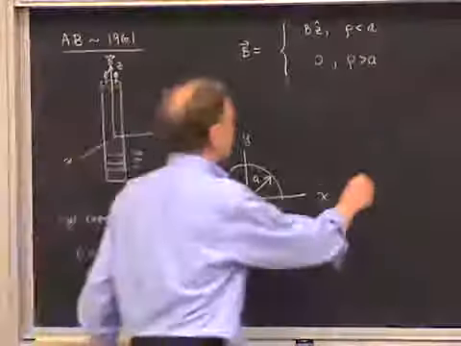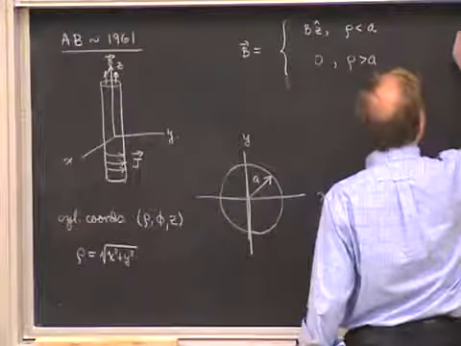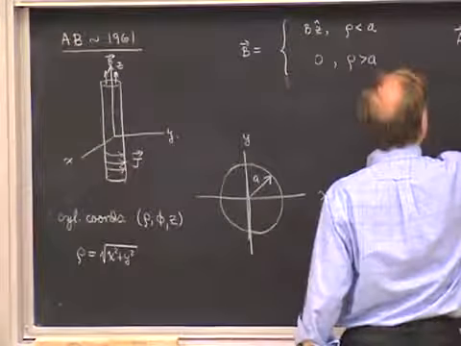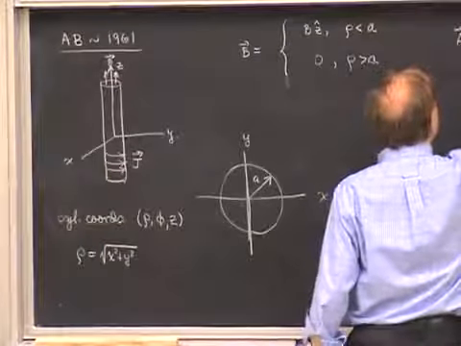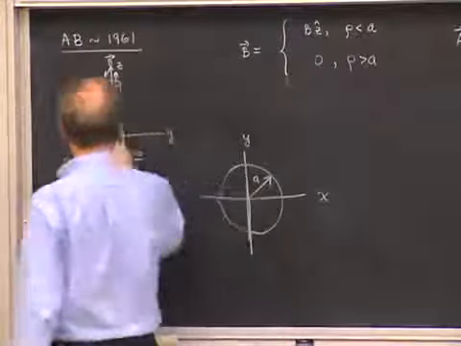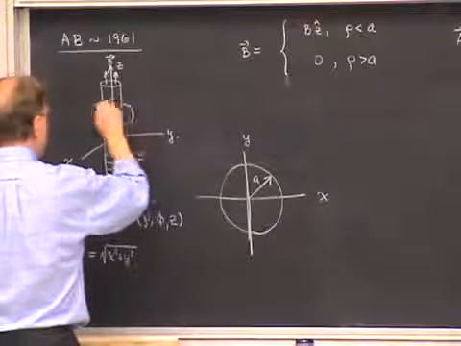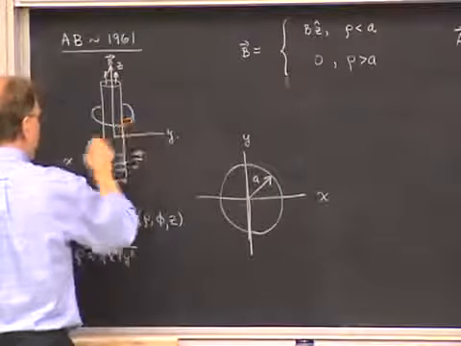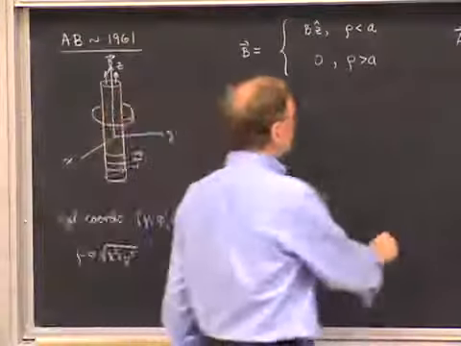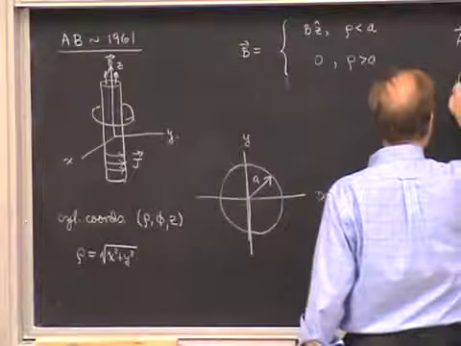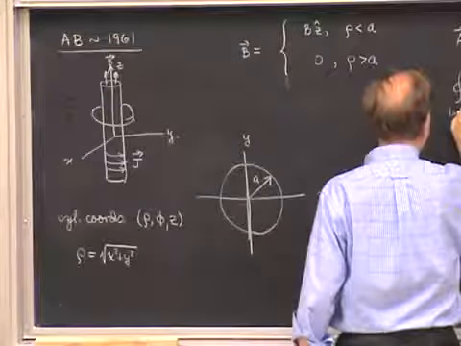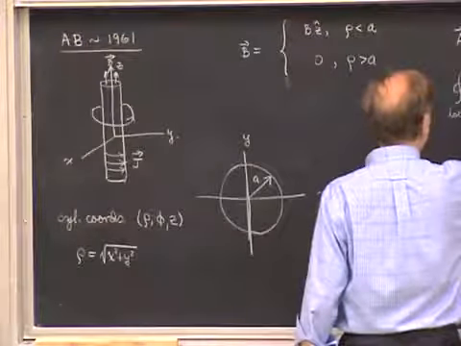We'll do this in this manner. It turns out that you can find a vector potential which is purely in the phi direction. And we get the vector potential by doing an integral around a closed loop at some radius around the solenoid. So let's integrate around some loop of A dot dl.